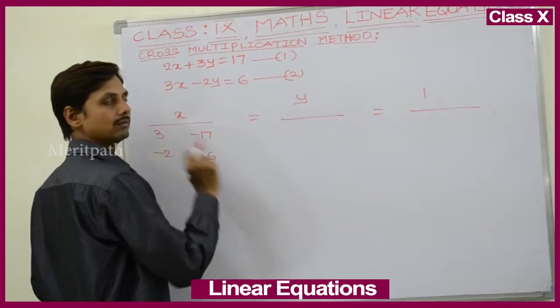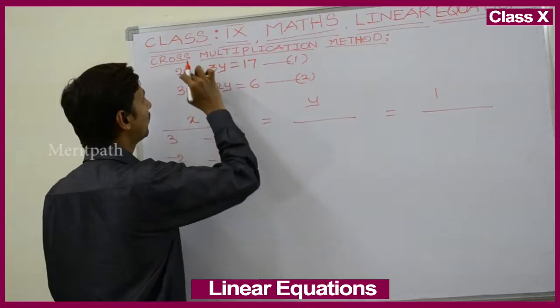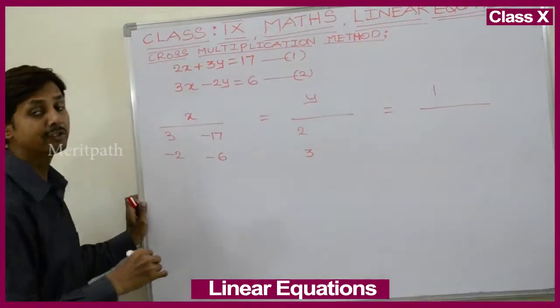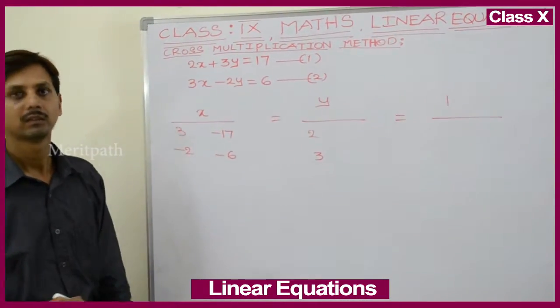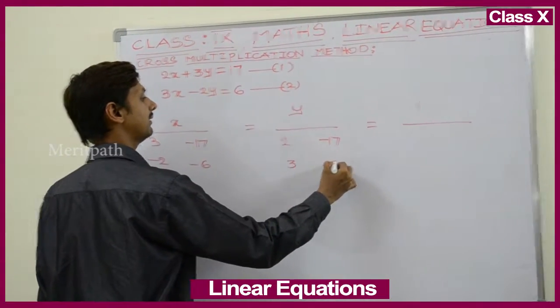y divided by the x coefficients, which are 2 and 3, and the constants are minus 17 and minus 6.